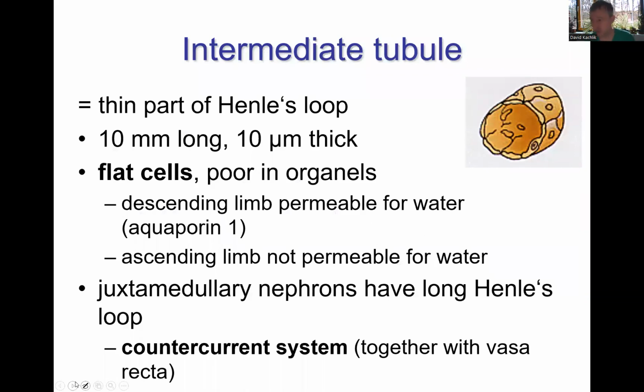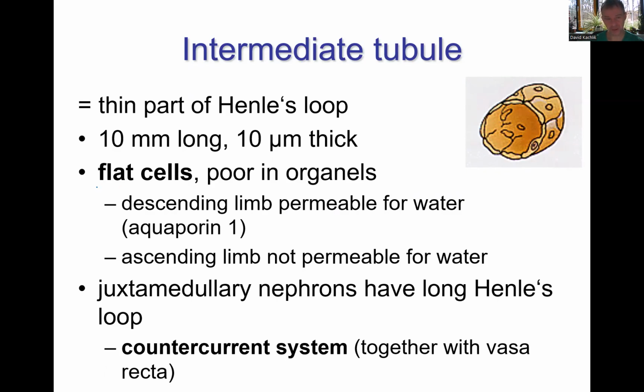So when we come from the external band or stria externa of the medulla into the internal zone of medulla, we come to the descending limb of the intermediate tubule. The intermediate tubule is part of the Henle's loop, and I will explain the Henle's loop in a minute. But the intermediate tubule, as you can see, is totally different.